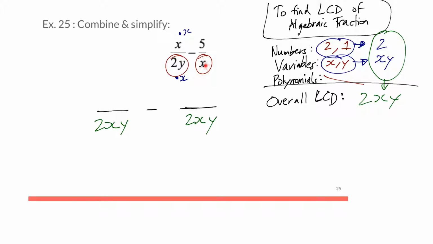And what is this one missing to become that? 2y. So this one needs 2y, so we do the same thing up there. So x times x is x squared, and 5 times 2y is 10y. Is that part okay?